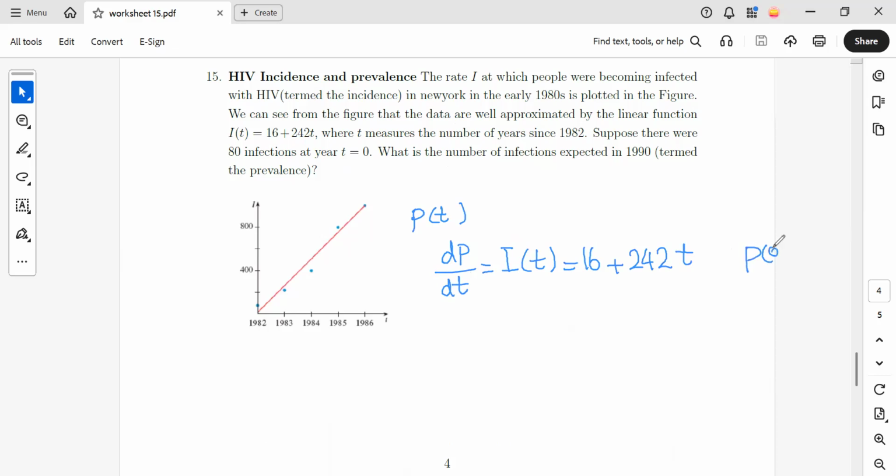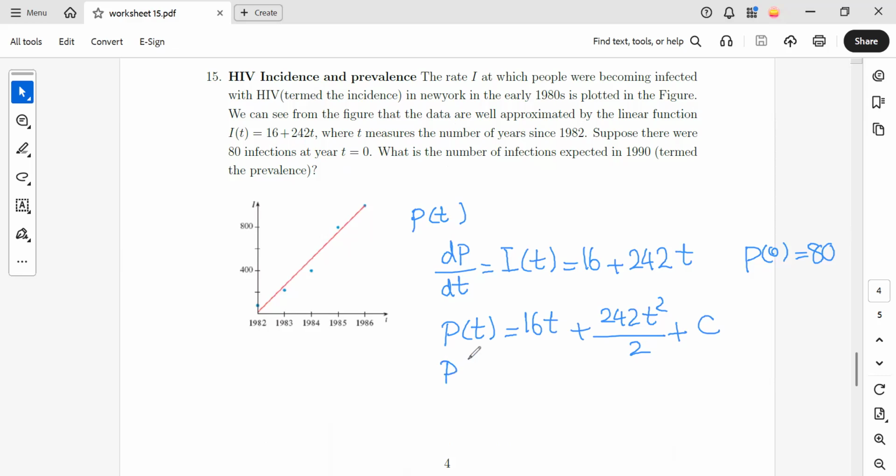And we know that P of 0 is 80. So P of t will be the antiderivative of the function that we have here. It will be 16t plus 242t squared over 2 plus a constant like c.